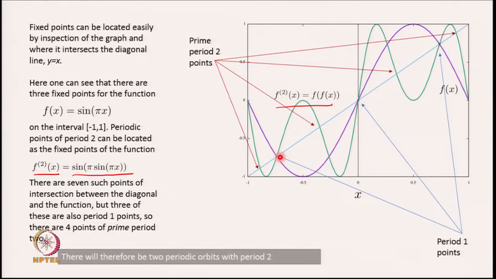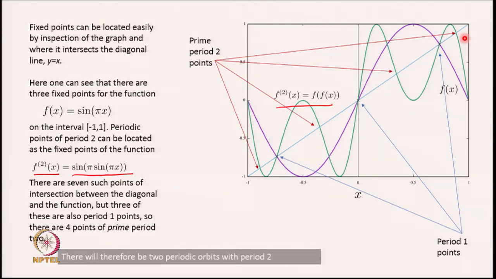What is new over here are these 4 points 1, 2, 3 and 4, which are intersections of this curve f2 of x, namely f of f of x, with the diagonal line. So, these are fixed points of the twice composed map, and they are the intersections of this map with the diagonal line y is equal to x.